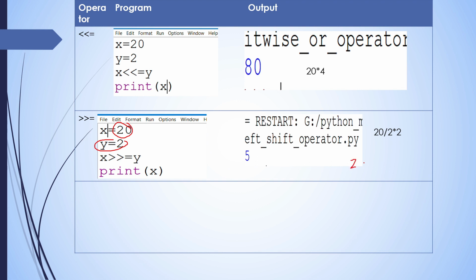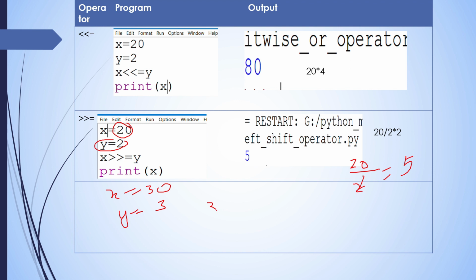So x is 20 and y is 2, 2 to the power 2, right? So the answer is 5. Suppose we have other variable values, x is equal to 30 and y is equal to 3, and we have to do division.